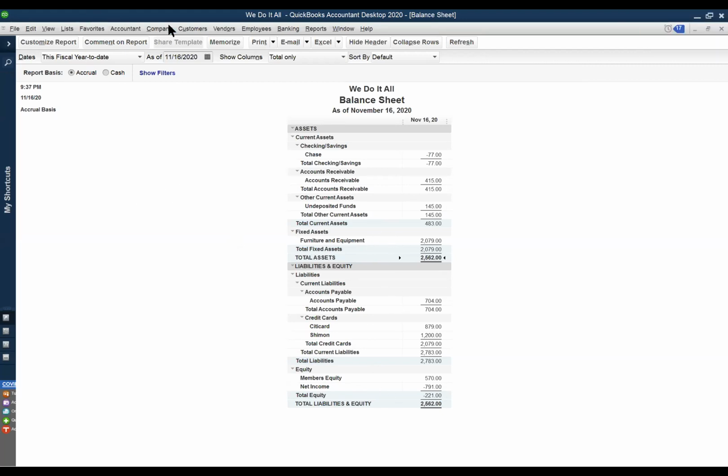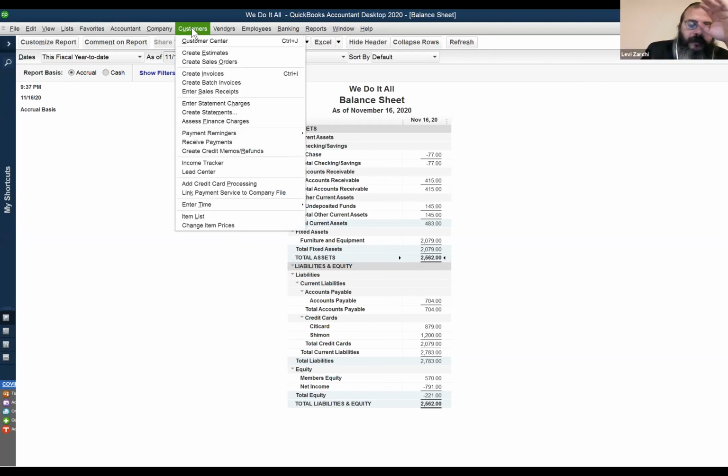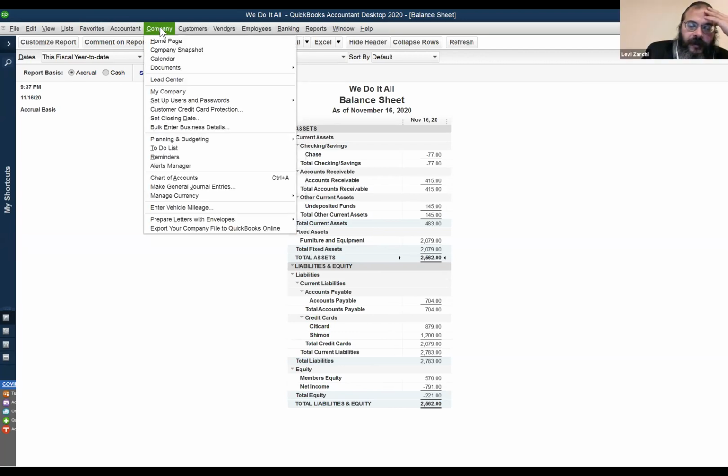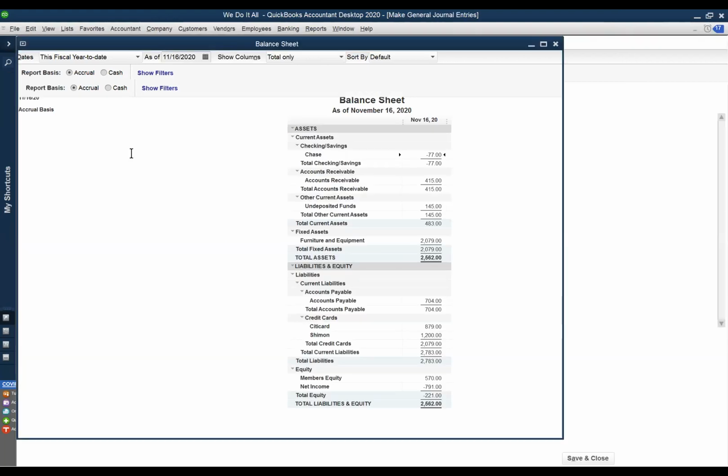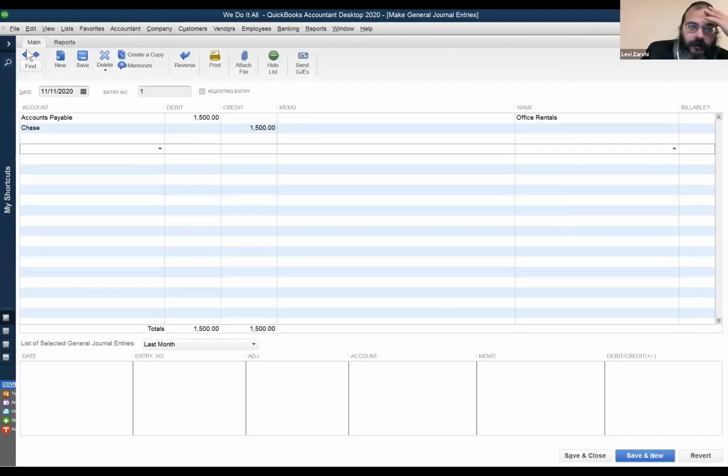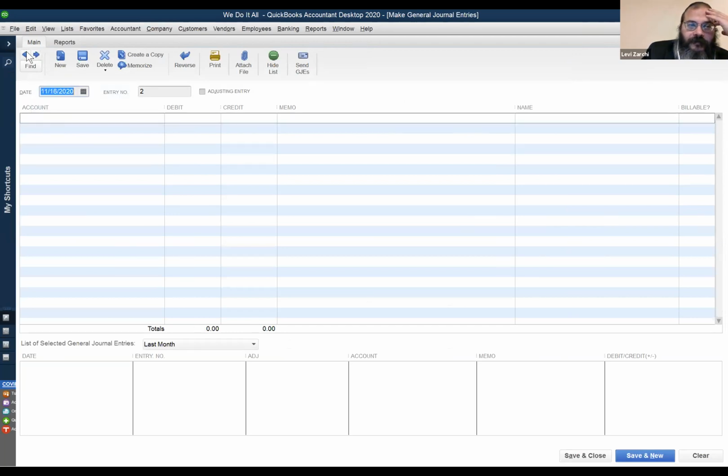That's my question. You have to go back to that. Well, in this case, it's that journal entry where we paid for the rent. So you go to Accountant, make general journal entries. I go back to what was there before. I'm modifying the original entry. So I see accounts payable 1,500, members equity 1,500.